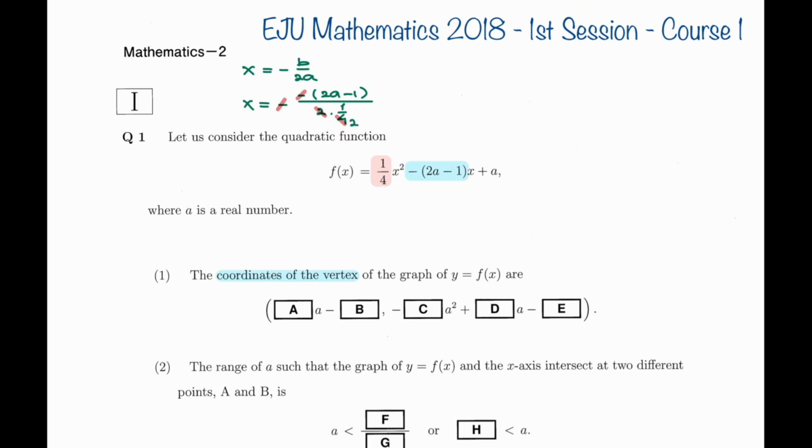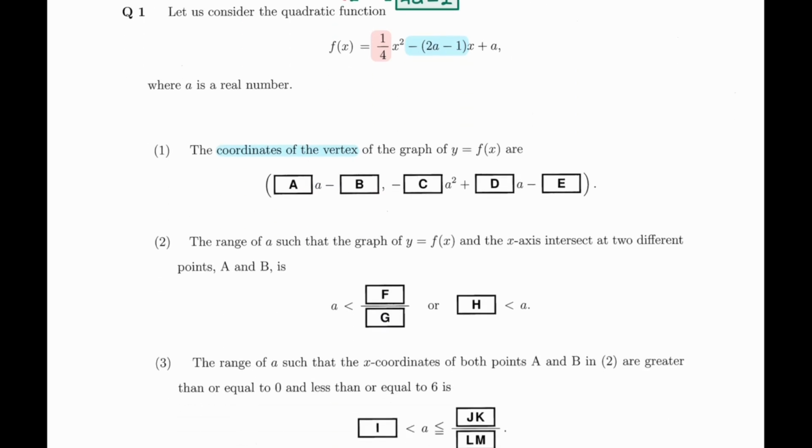And then 2a minus 1 divided by 1 over 2, you will get 2 times 2a minus 1, which is 4a minus 2. This is the x coordinate of the vertex. So for letters A and B here, I already got the answer, which is 4 and 2.